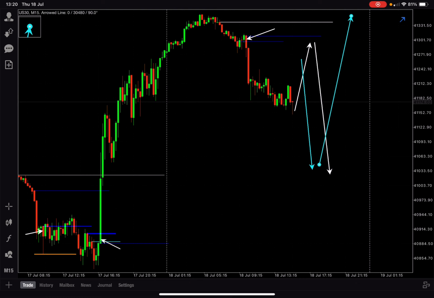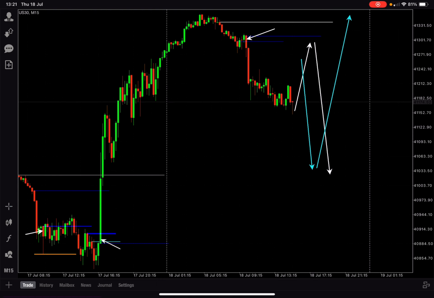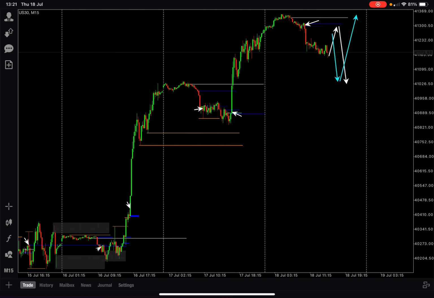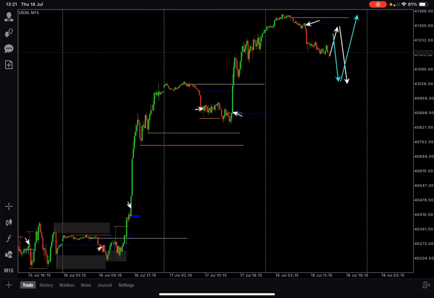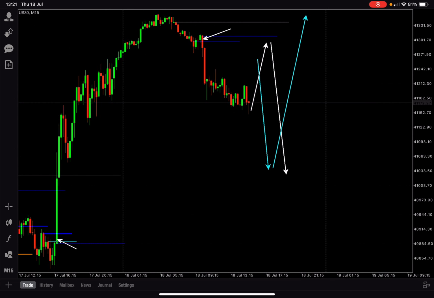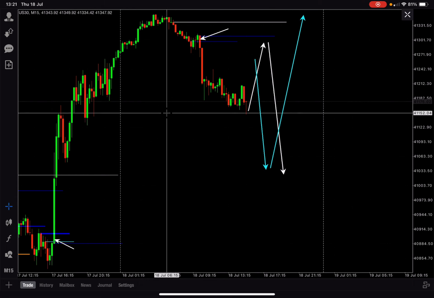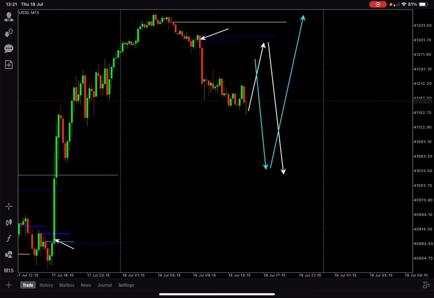If you get a continuation like that before the New York session, then the overall trend is likely to continue towards the upside like it has over the past few days. We have a new all-time high, so we have no other price action to use, so we just use what we look at on the smaller time frame.